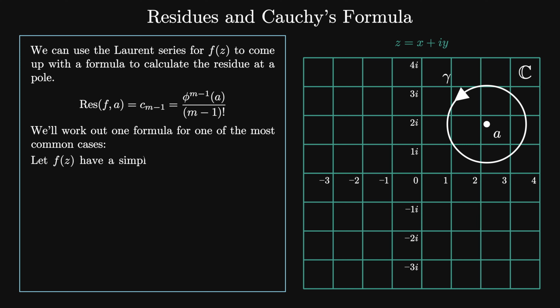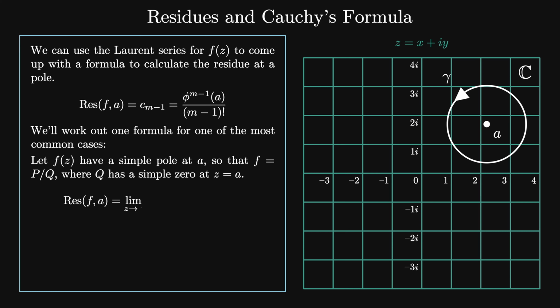Let f(z) have a simple pole at a so that f is equal to p divided by q, where q has a simple 0 at z equals a. Then the residue of f at a equals the limit as z goes to a of p(a) divided by (q(z) minus q(a)) divided by (z minus a), which equals p(a) divided by the derivative of q at a.